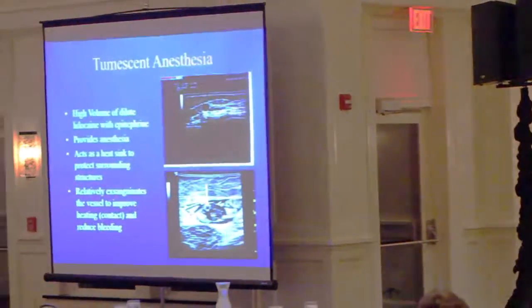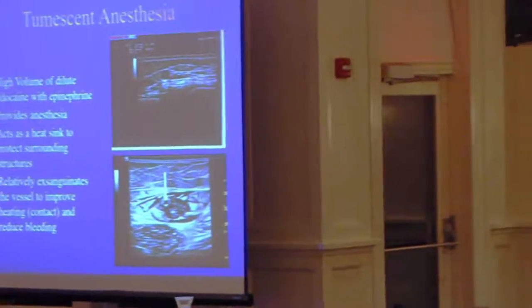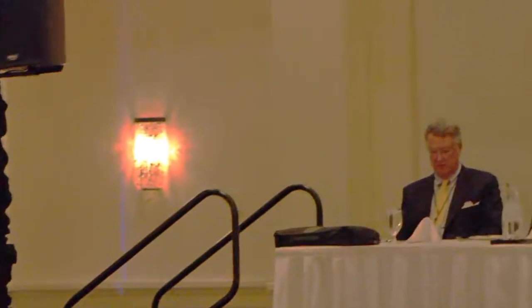The plastic surgeons for years and years have been instilling subcutaneous local anesthetic for in-office liposuction, and really those techniques were stolen to do the in-office vein ablation. With tumescent anesthetic, we inject dilute anesthetic around the vein.